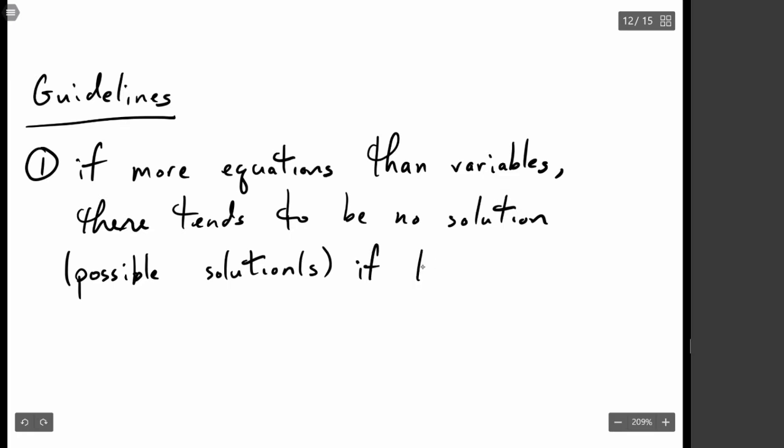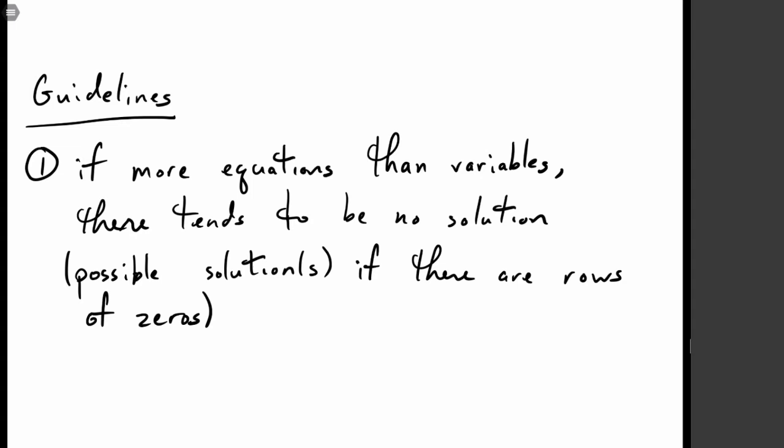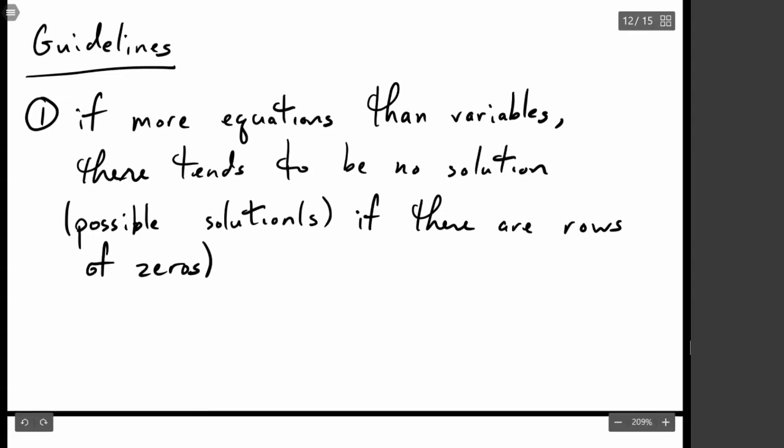If there are rows of zeros, the only way to have solutions in this case is if you have rows of zeros, if you can reduce it and you get rows of zeros. Another thing is if there's more variables than equations.